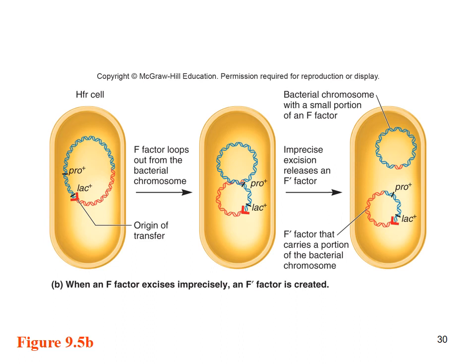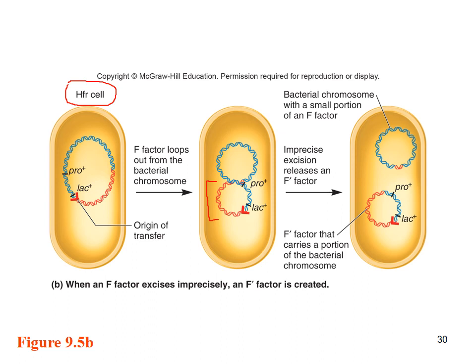So here, for instance, we have a high frequency of recombination cell, HFR, and we can see that the plasmid has been incorporated. What's going to happen now is we're going to reverse this integration. Our F factor is going to loop, and it's going to eject itself from the bacterial chromosome.